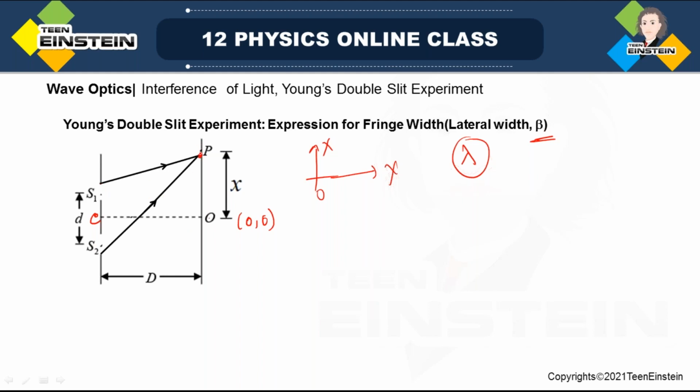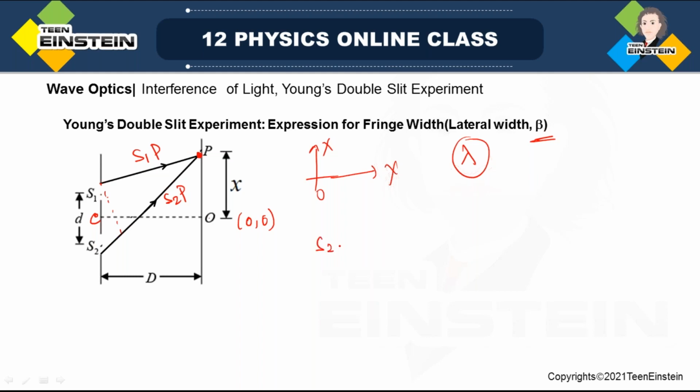Whether there will be a dark or bright fringe at P depends on whether there is any path difference between the two lines S1P and S2P. If not, a bright fringe will be produced here. If there is a phase difference, the intensity will be distributed accordingly.